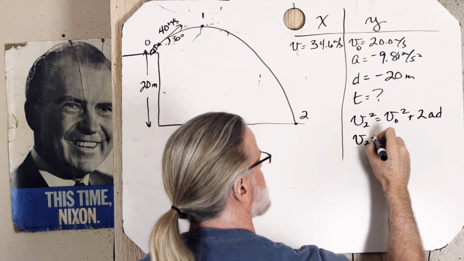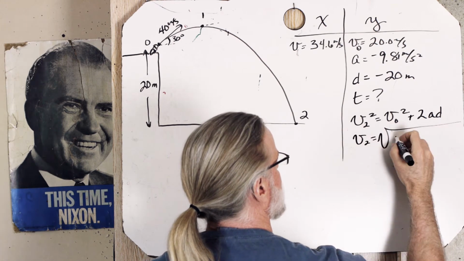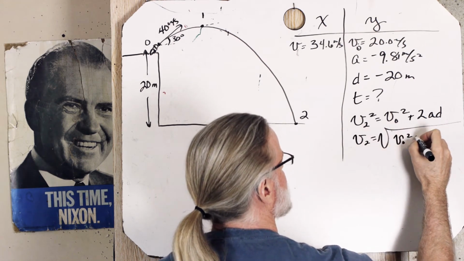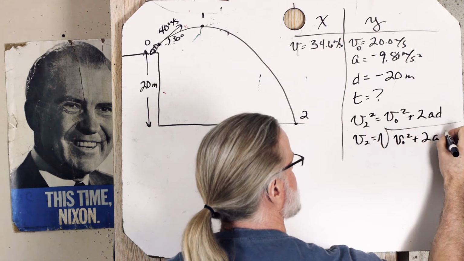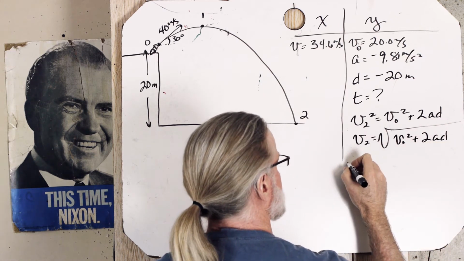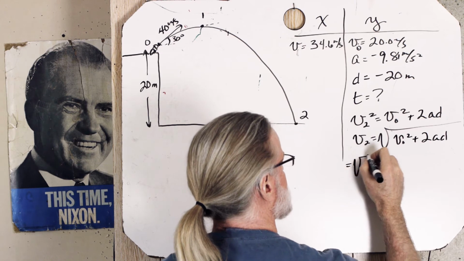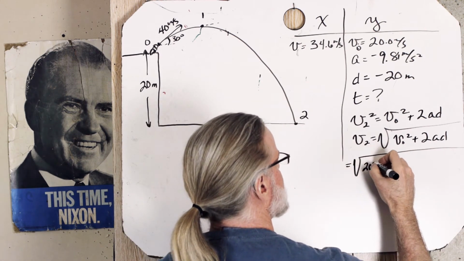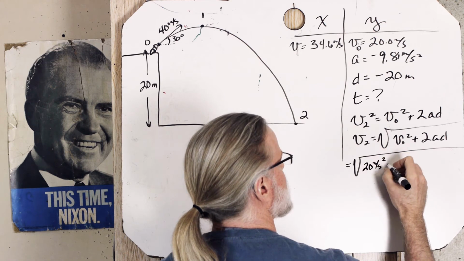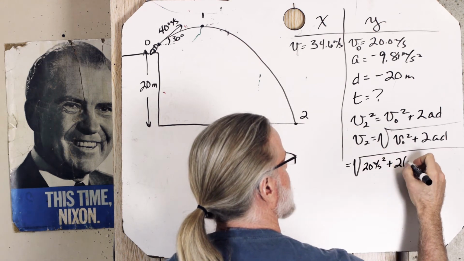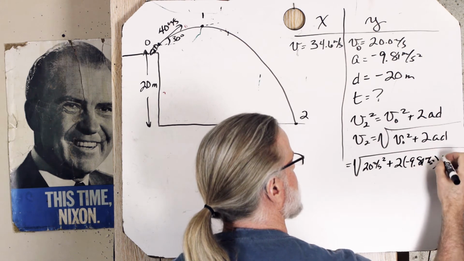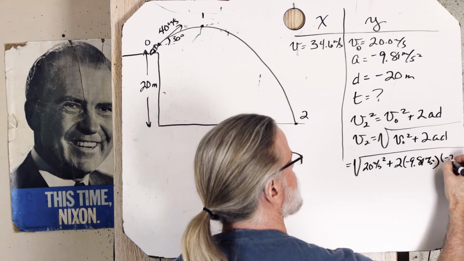So the speed at the bottom is the square root of v0 squared plus 2 times the acceleration times the displacement. And that equals, let's see, hopefully I can fit this in, 20 meters per second squared plus 2 times negative 9.81 meters per second squared times negative 20 meters.